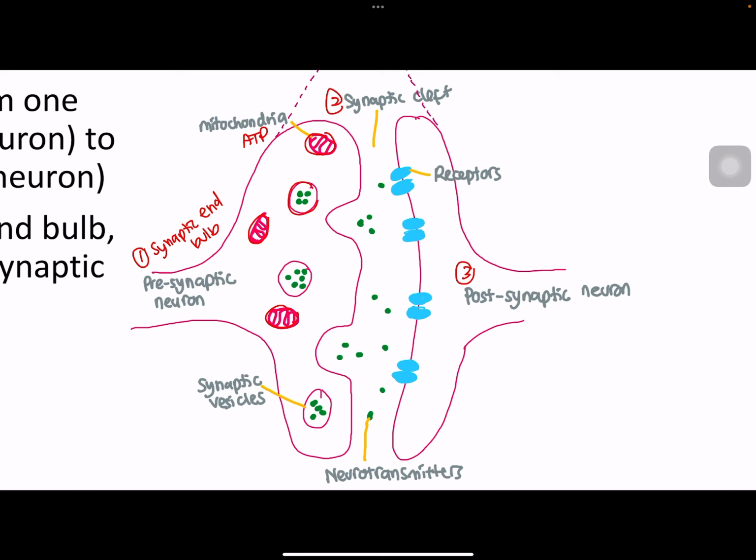There are also these bubbles known as the synaptic vesicles, and these synaptic vesicles contain the neurotransmitter, which acts like a postman between the two neurons. On the postsynaptic neuron, there are specialized proteins which act as a receptionist to receive the information from the presynaptic neuron, and these are known as the receptors.